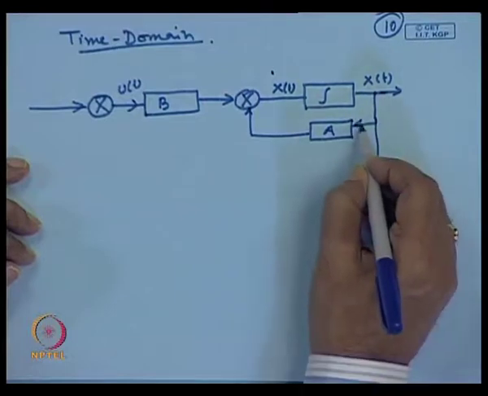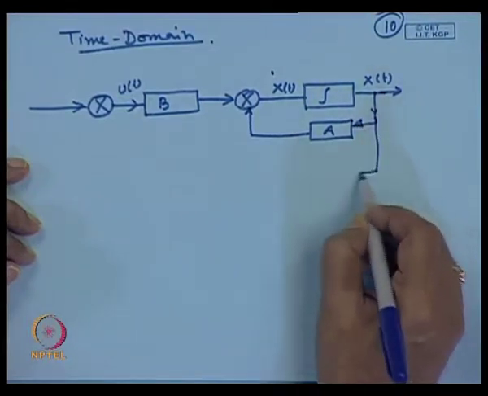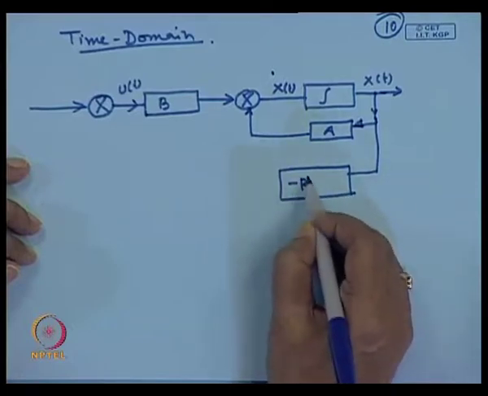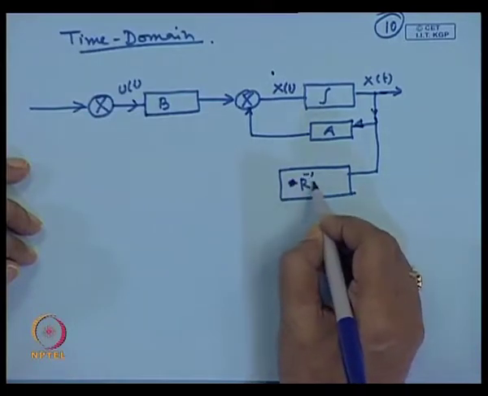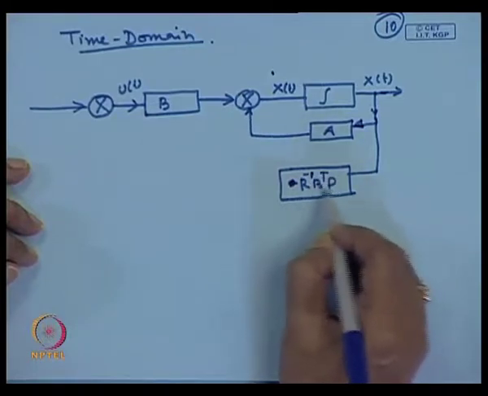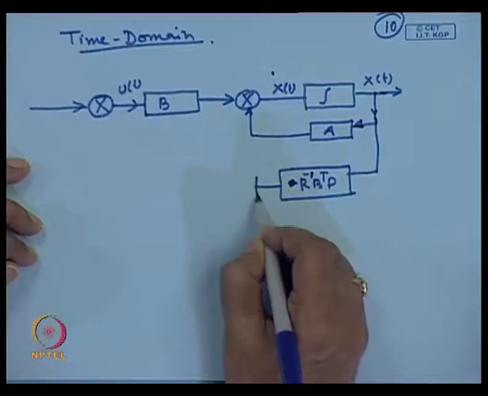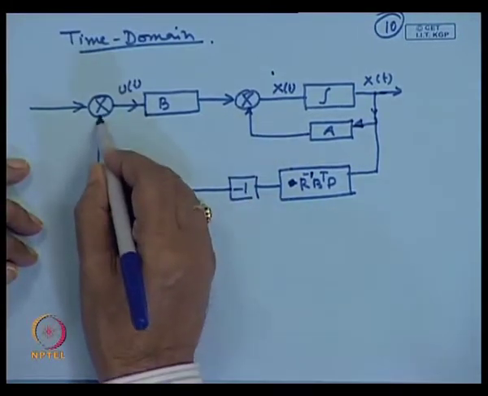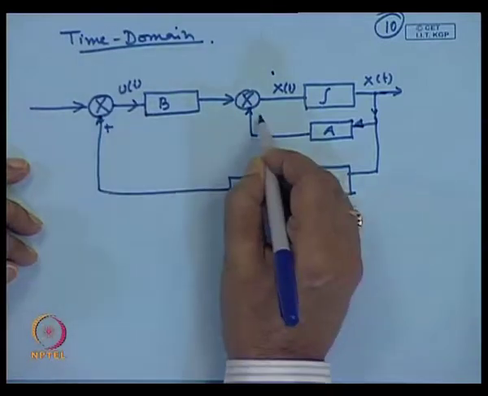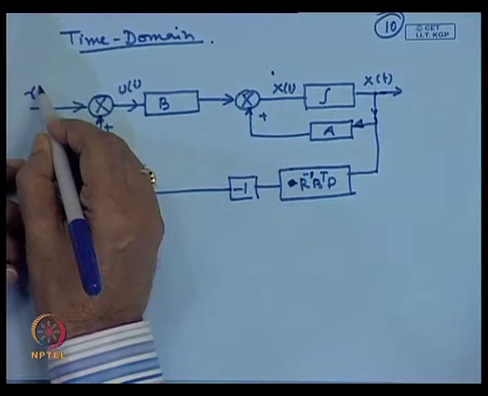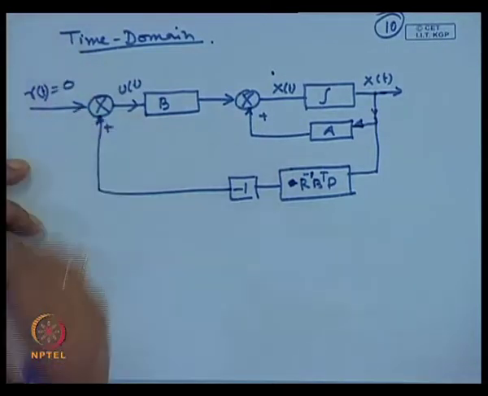The controller is designed as R inverse B transpose P, which is nothing but the controller gain, minus K, and that comes here. So this is R of t equal to the reference input, which is 0.